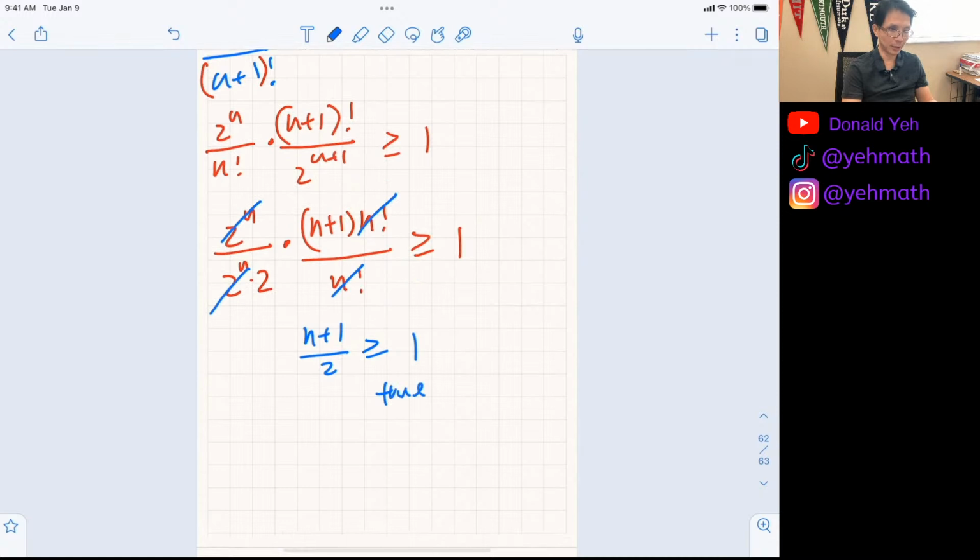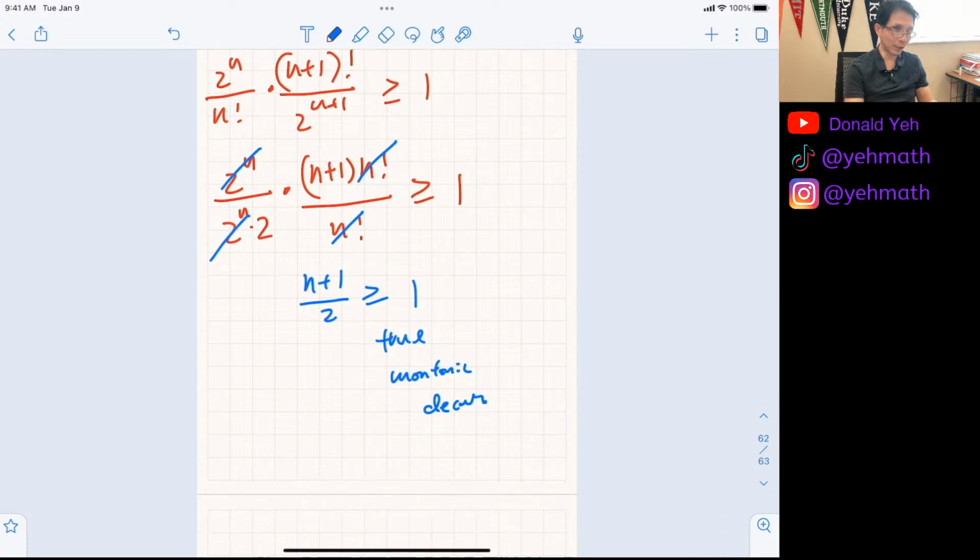Therefore, it is monotonic decreasing. Because at first, if you plug in 1, it's going to be 1 greater than 1, which is still true. And if you plug in 2, what would you get? 2 plus 1 over 2 is greater than 1, which is also true. And it doesn't matter what value you plug in after that, it's always true.